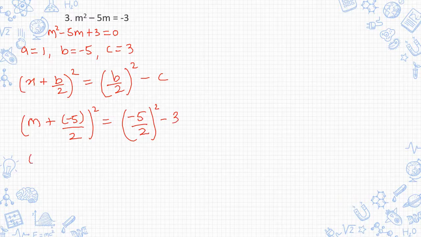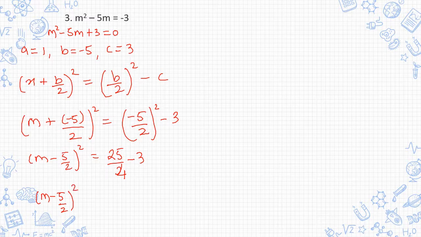Just rearrange this. So I have m minus 5 upon 2 the whole square is equal to, if you take the square of this, it will become 25 upon 4 minus 3. I'll simplify the right hand side. We'll take the LCM, so you have 25 minus 12 upon 4.